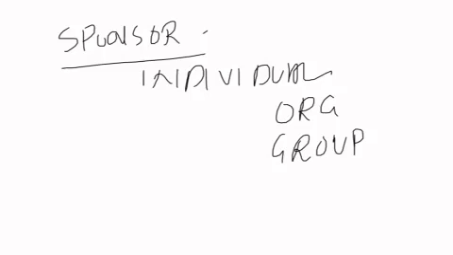If it's a mega project, it could be a group of organizations funding the project. So all sponsors are stakeholders, whereas all stakeholders are not sponsors. Many times, people get confused between a stakeholder and a sponsor.